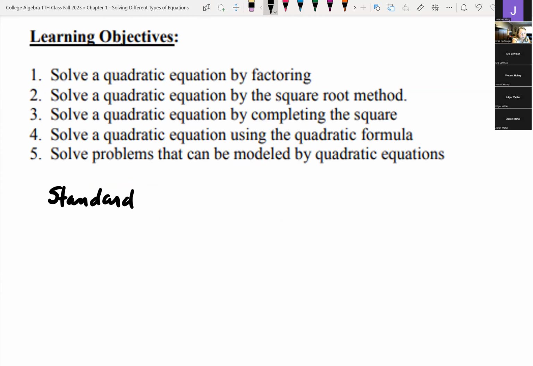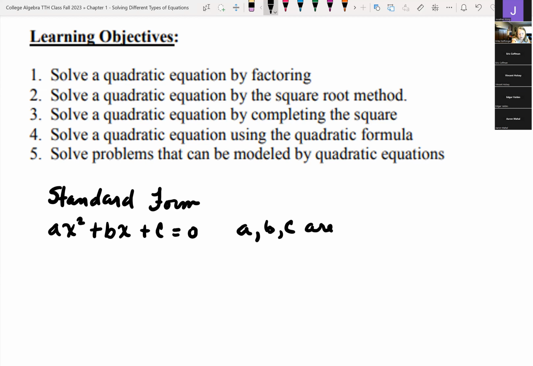So the standard form is ax squared plus bx plus c is equal to 0, where a, b, and c are real numbers. Remember that capital R with the two vertical lines represents the real number system.